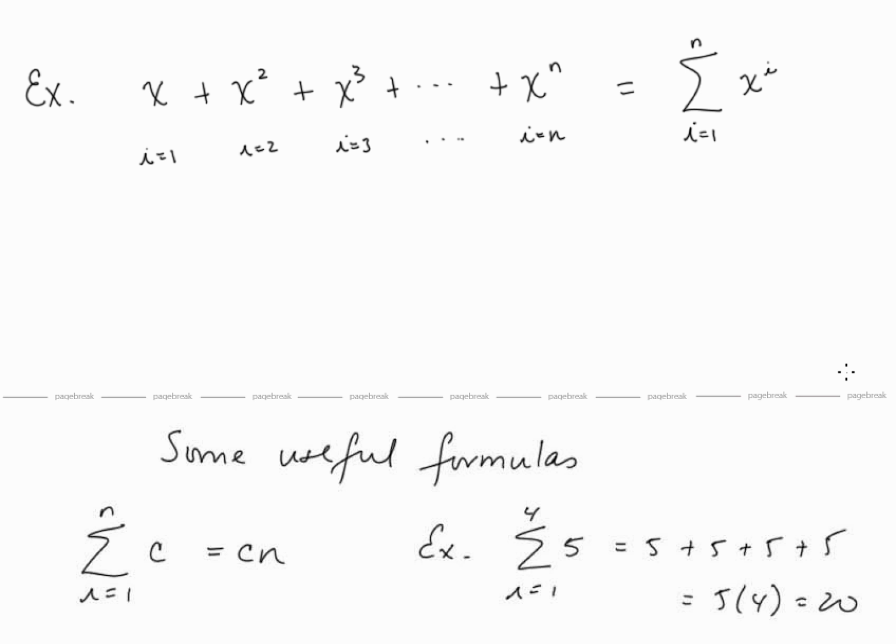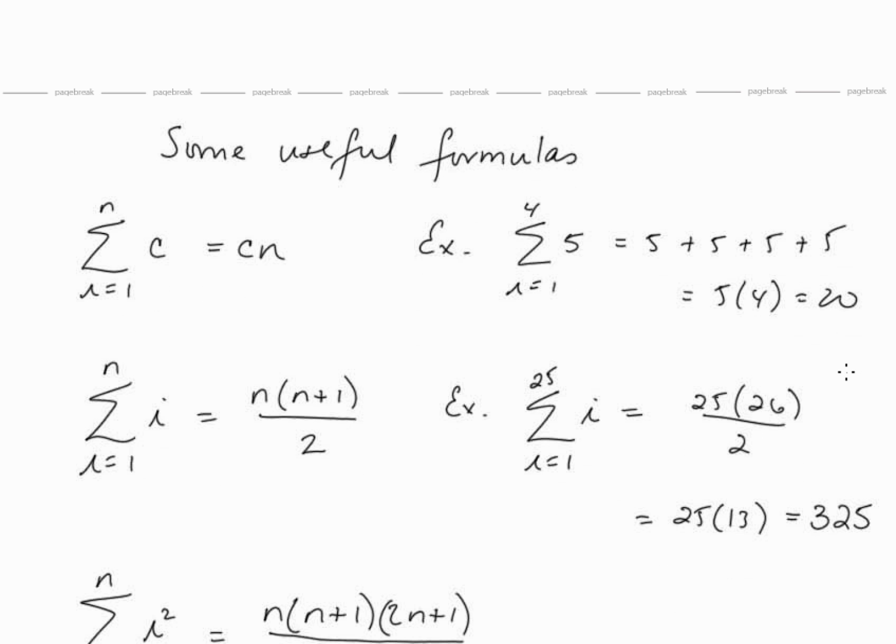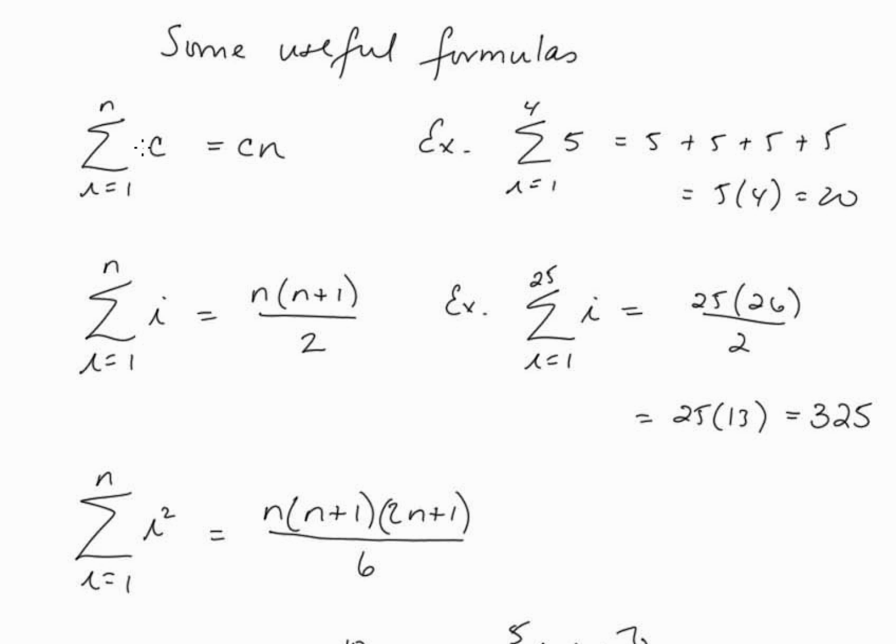Let's take a look now at some useful summation formulas. Here we have the summation I going from 1 to n of a constant c. And this is equal to c times n, because what we have is c plus c plus c plus c plus c n times. So this is equal to cn.